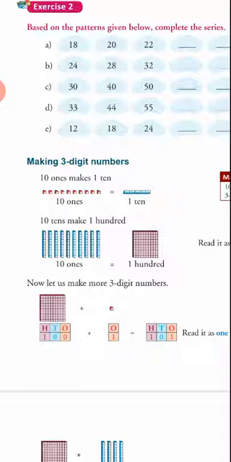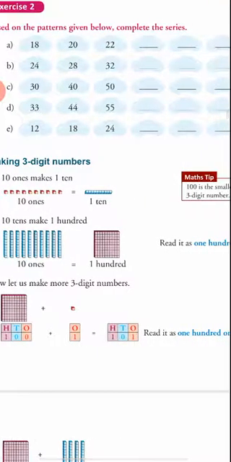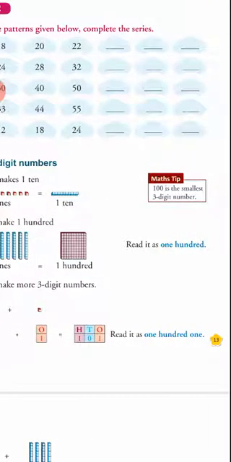Every time we are having the difference of 4. Now let us complete the blanks. After 32 we will be having 36. Then we will be having 40 and at last we will have 44 because they are skip count by 4. So we will add 4 at each and every step.